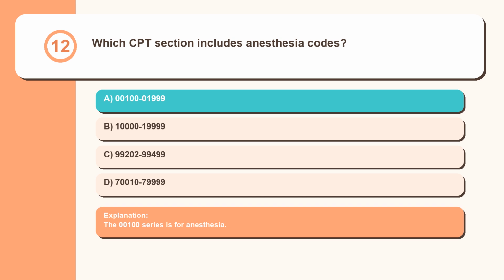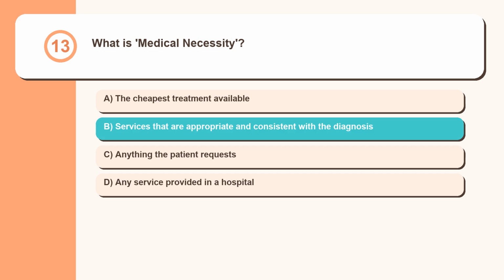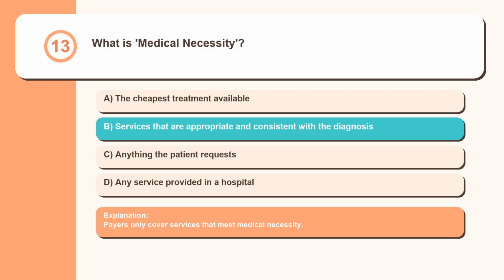The 00100 series is for anesthesia. Question 13. What is medical necessity? The cheapest treatment available. Services that are appropriate and consistent with the diagnosis. Anything the patient requests. Any service provided in a hospital. Payers only cover services that meet medical necessity.